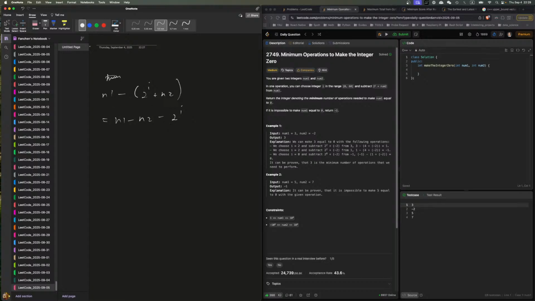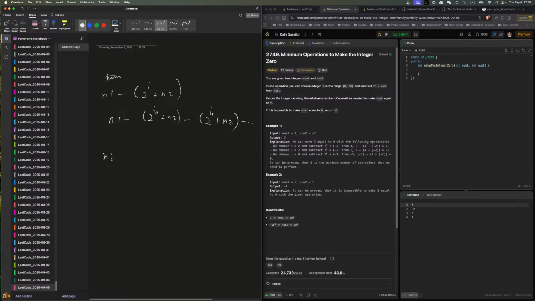So that's one operation. Okay, so this is just one operation. Let's say we need k operations. So basically it's n1 minus the first operation, 2 to the i0, minus the second operation, and so on.